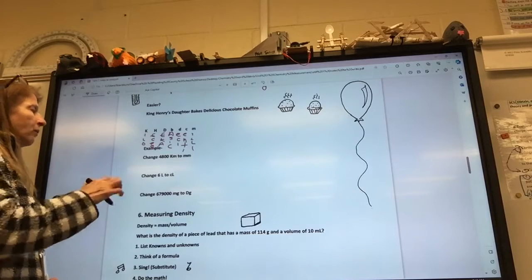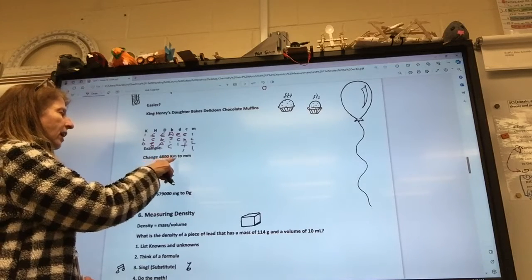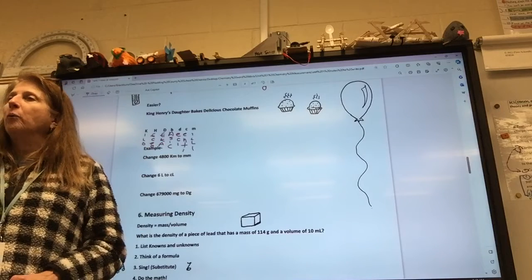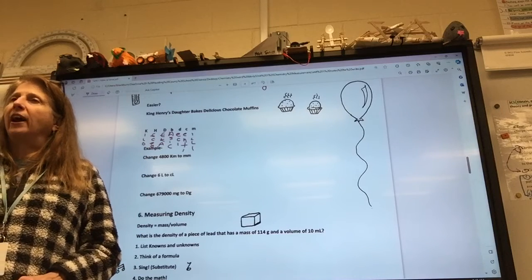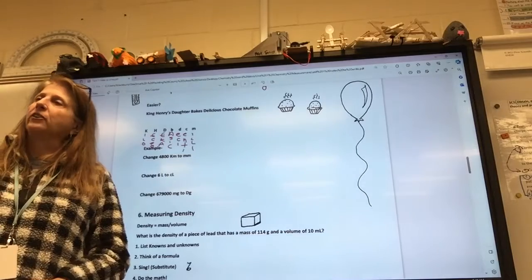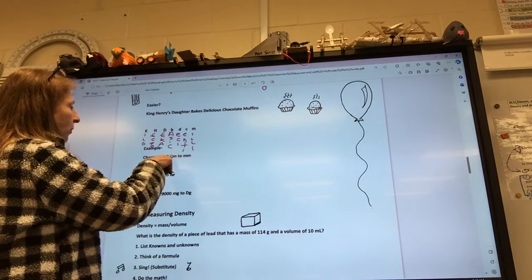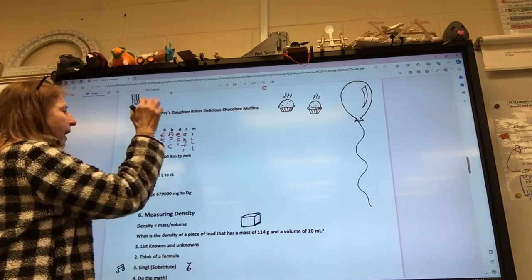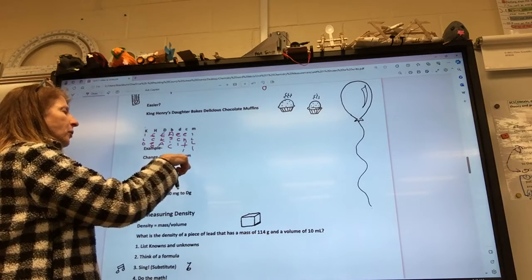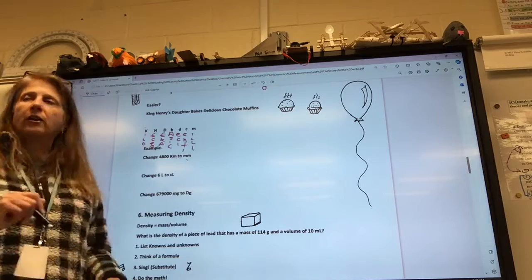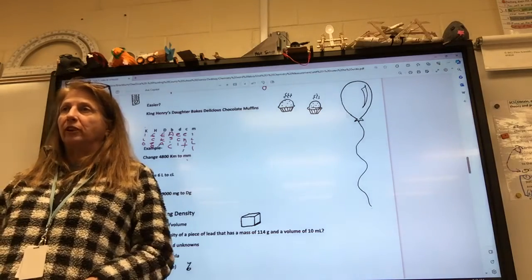For example, if we want to change 4,800 kilometers to millimeters, we don't have to use train tracks. We can use King Henry's daughter bakes delicious chocolate muffins. So what you do is you start with where you are, which is at kilo, and you go to where you want to go to milli, and you count the frog hops. Remember I told you you needed a frog?